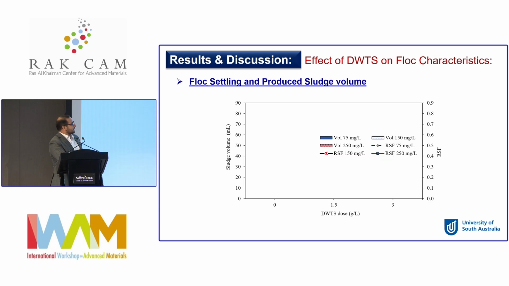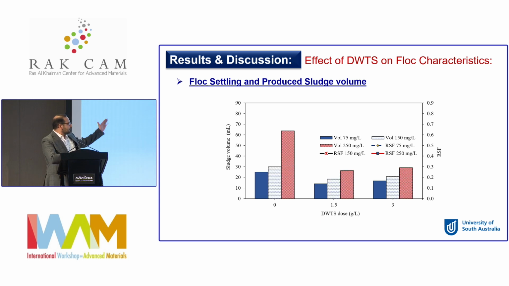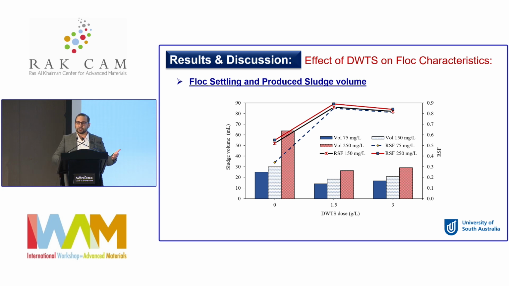The second thing, the volume of the sludge produced, as we said, decreased significantly when we used 1.5 gram per liter. And the settling rate also increased significantly, which is promising for the filtration performance, and will improve the performance of the separation process in the treatment plants.